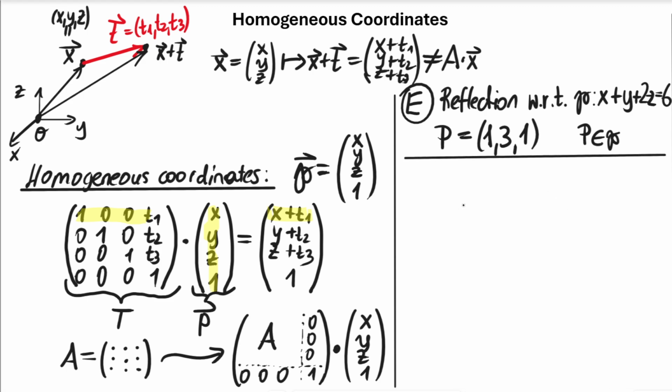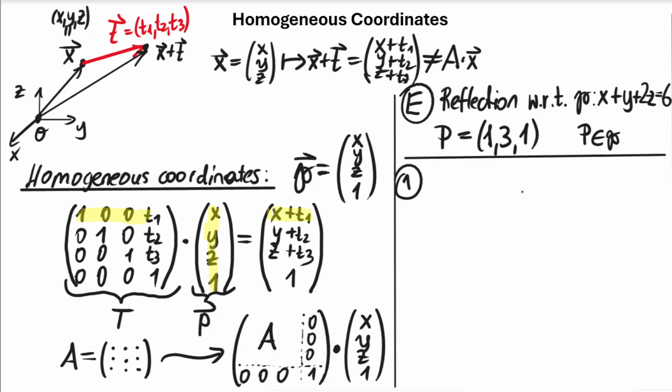So what is the first step? The first step is we translate the plane to the origin. So you must move the plane to the origin. This also means this point P must be moved to the origin.